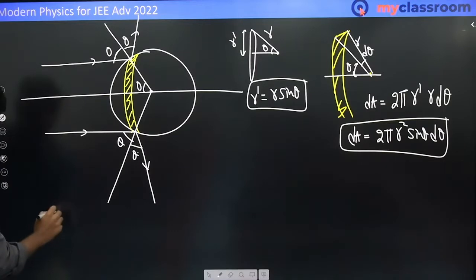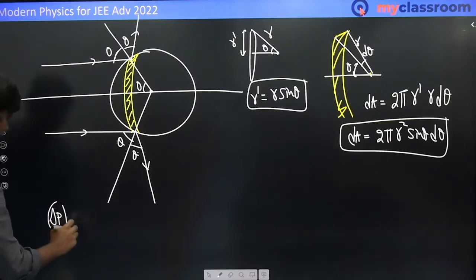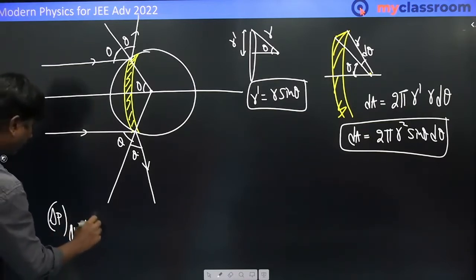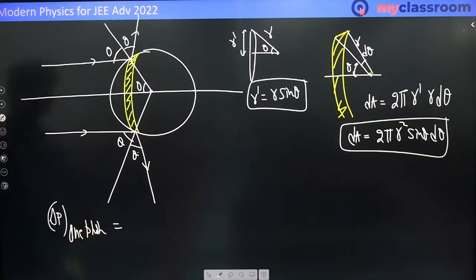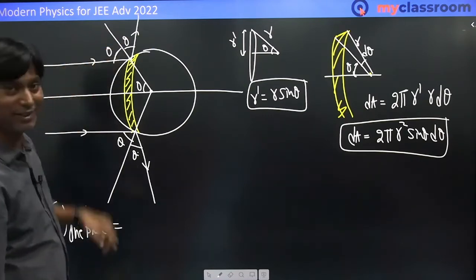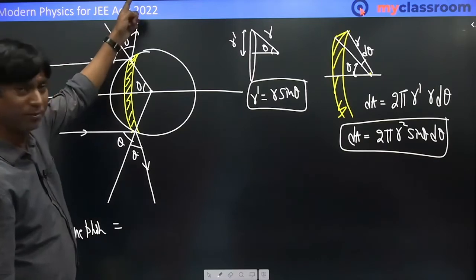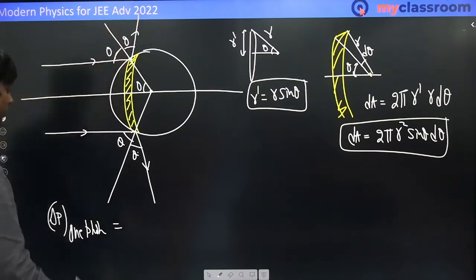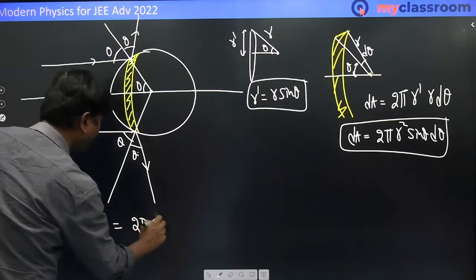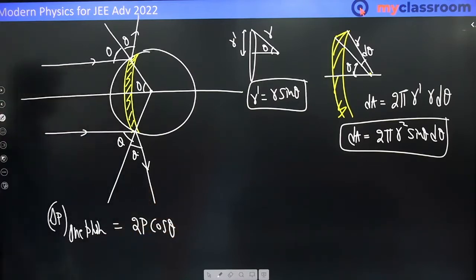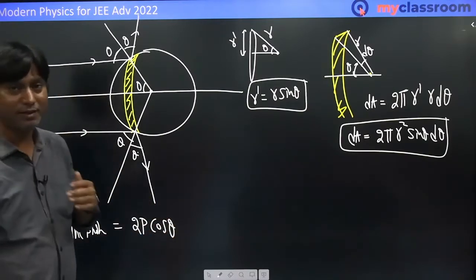So change in momentum of each photon, one photon. So what is the change? As I told you, the theta and theta. So when it is having a momentum p, going with p like this, what will be the change? 2p cos theta. Already I told you, where p is the momentum of the particle, right?